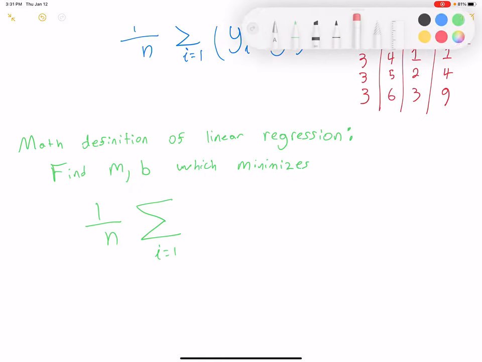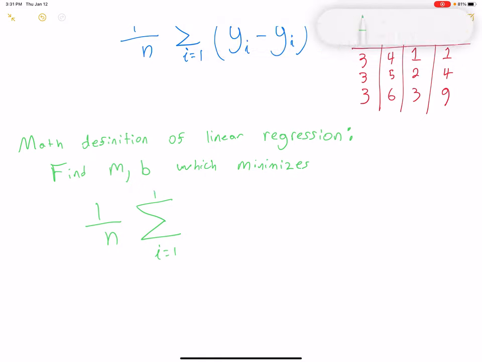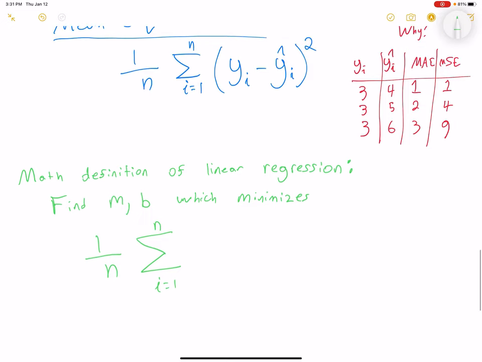Question? Yes? If MSE penalizes the outliers more, then why not use the cubed error, the error to the fourth power? Why do we stop at squared? Well, actually cubed is problematic. If you use cubed, now all of a sudden you'd get negative values if y sub i is larger than y hat, and positive values otherwise.